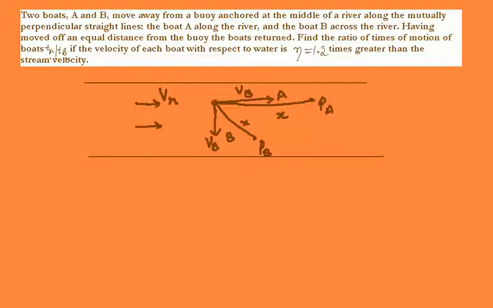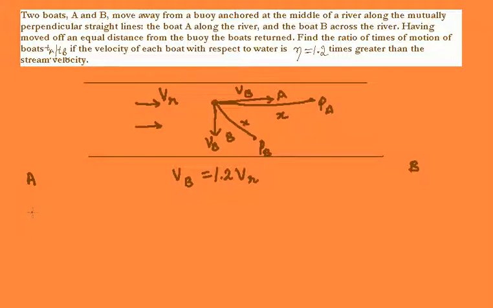We have to calculate the ratio of the time it takes for boat A to travel a distance x to point PA and come back, and similarly for boat B. One more piece of information says that the velocity of the boat with respect to the water is 1.2 times greater than the velocity of the river, so Vb is roughly equal to 1.2 times Vr.